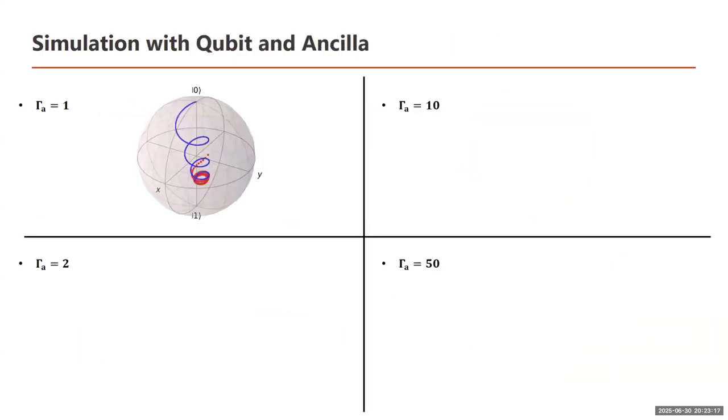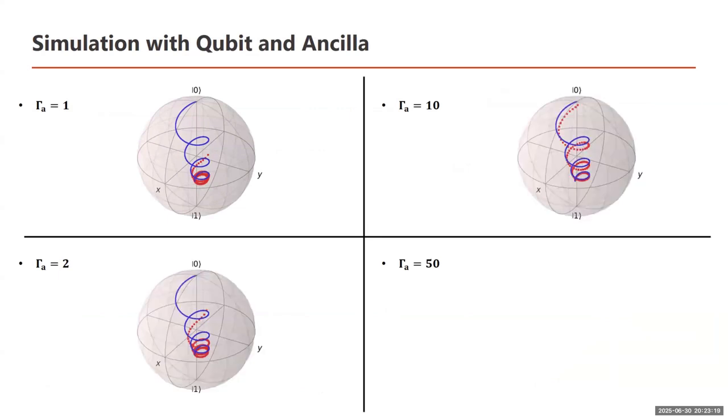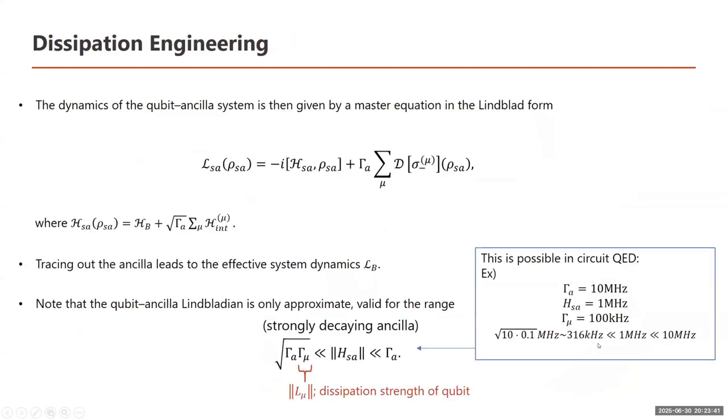As we can see here, as the ancilla dissipation rate increases from 1 to 10 to 50, we can see that the system follows the trajectory more accurately, and at dissipation rate 50, it shows very similar behavior to the paper.